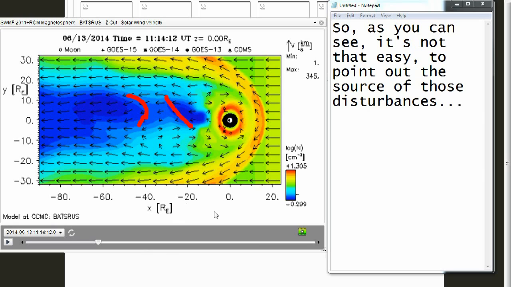So, as you can see, it's not that easy to point out the source of those disturbances.